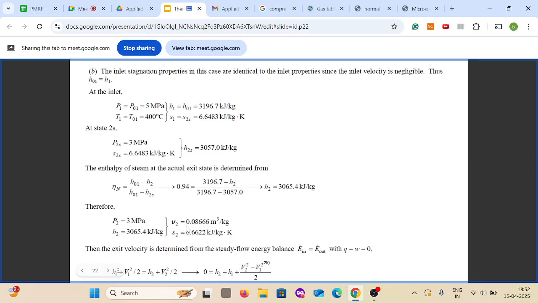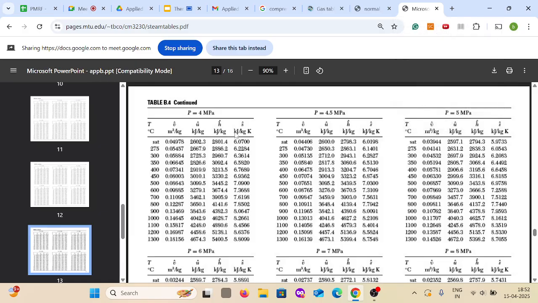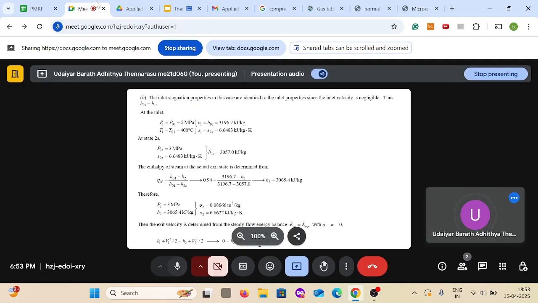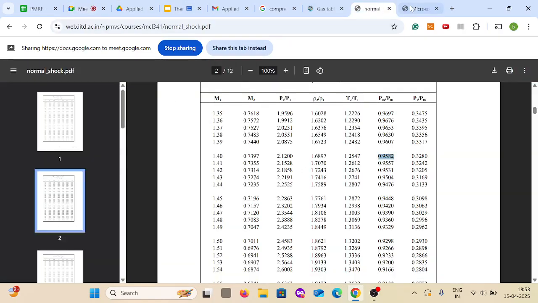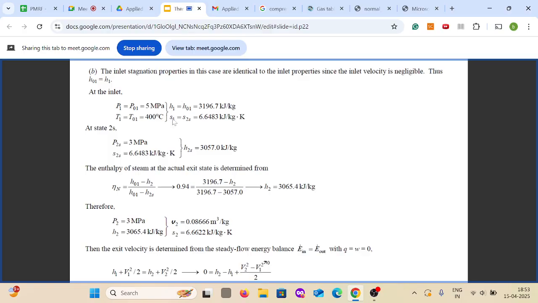From the steam table, for 3 megapascal and enthalpy of 3065, somewhere around 300 and 350 degrees Celsius, we get a specific volume of 0.08666 meter cube per kg and entropy as 6.662 kilojoule per kg Kelvin.